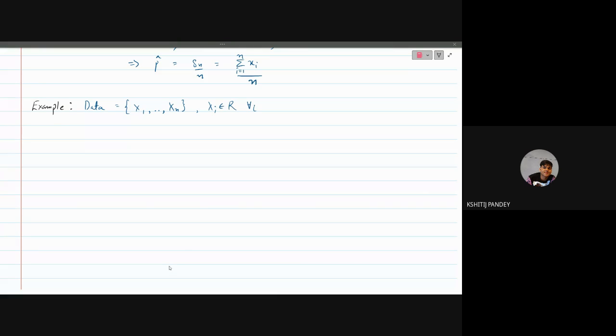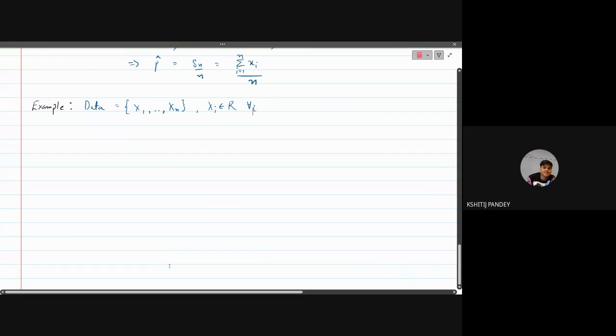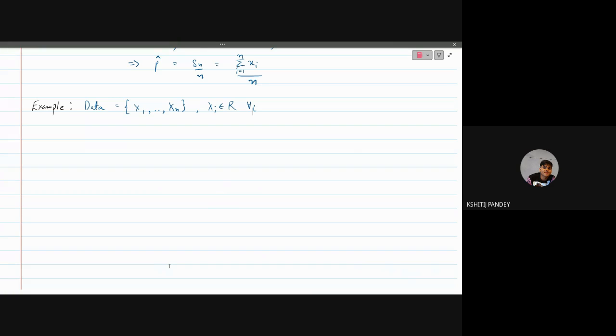Okay, yes, as someone said in the chat, we can assume here that the data is getting generated from Gaussian distribution. It is normal distribution or bell curve distribution. So now here your xi's are coming from a Gaussian distribution with mean mu, which is unknown, and we'll assume that variance is known.